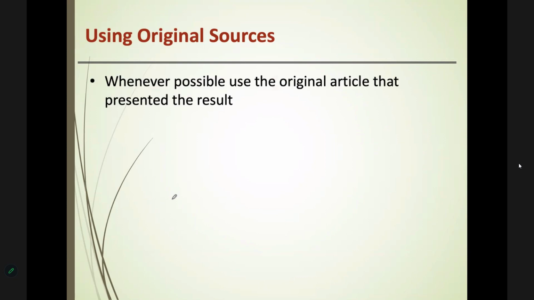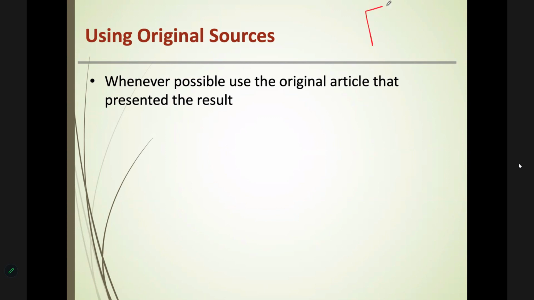Okay, and it is necessary that you use original sources whenever possible, right? What I mean by original sources is, when you're doing a literature review, you can find several citations within the same paper, but when someone else is cited in the paper that you are reading, rather than taking a sentence from that paper, if you can go to the original articles, then you can better understand what the authors actually say, right?